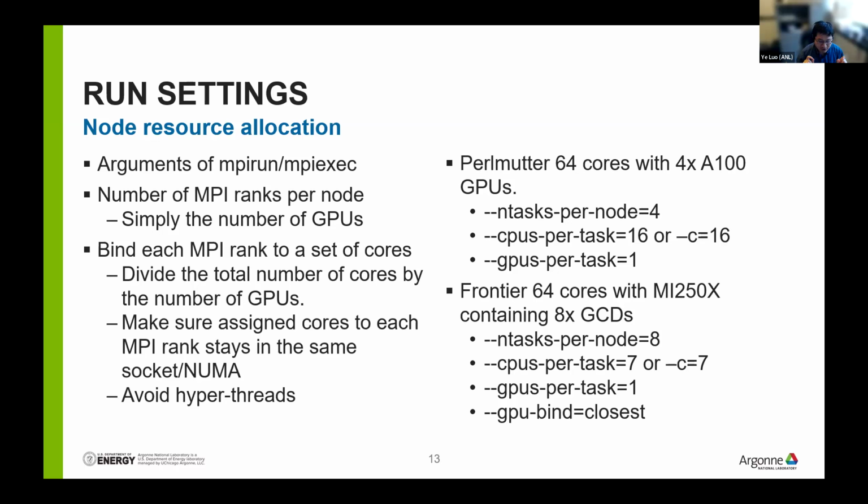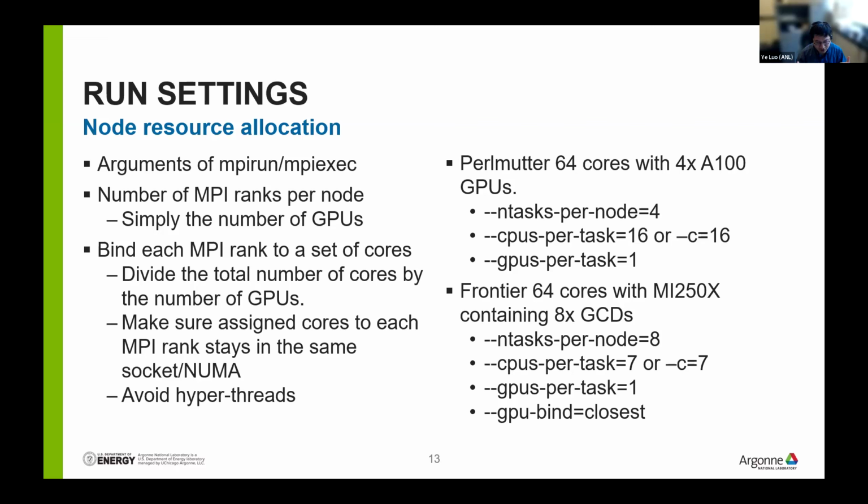So each MPI task will have its own dedicated 16 CPU cores. And I find it useful to always specify this option explicitly, telling MPI I need one dedicated GPU per MPI task, just specify equal to 1.